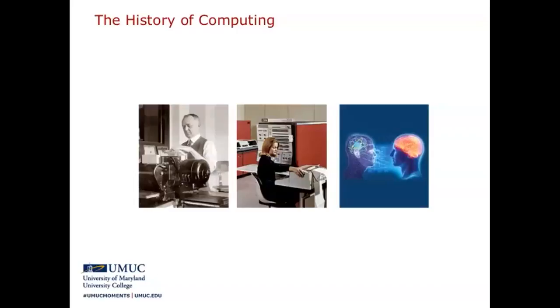So, let's say the first one was, there were several cognitive computers, starting with a chess player, and then the most significant one in the last year is the Watson cognitive computer.